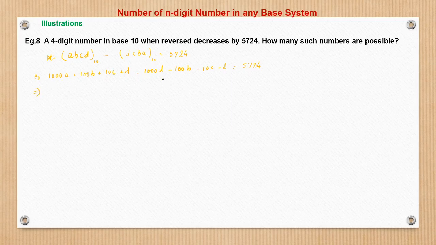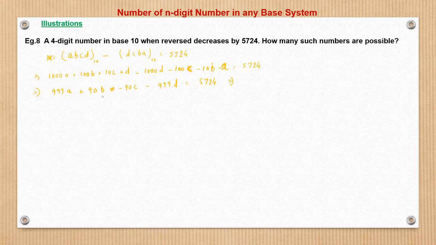So 1000A minus A becomes 999A, 100B minus 10B becomes 90B, 10C minus 100C becomes minus 90C, and D minus 1000D becomes minus 999D, equal to 5724.